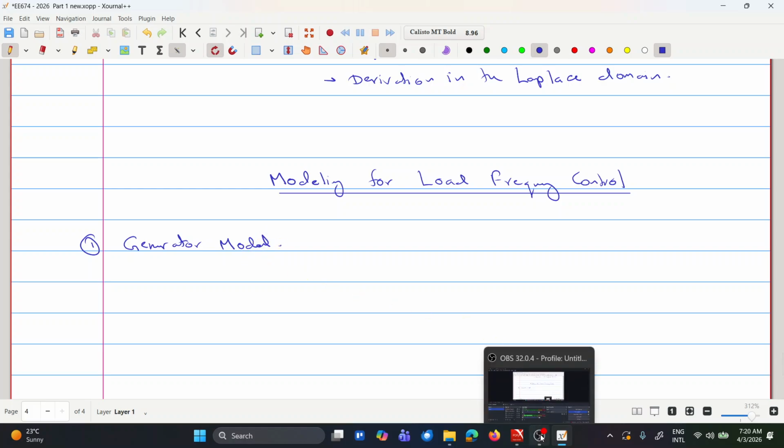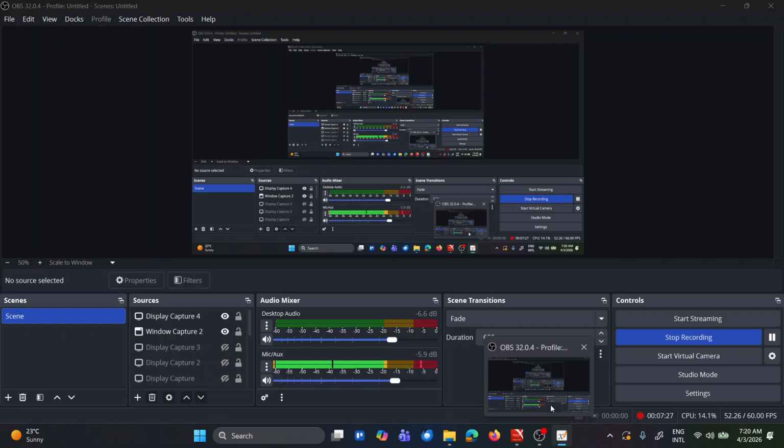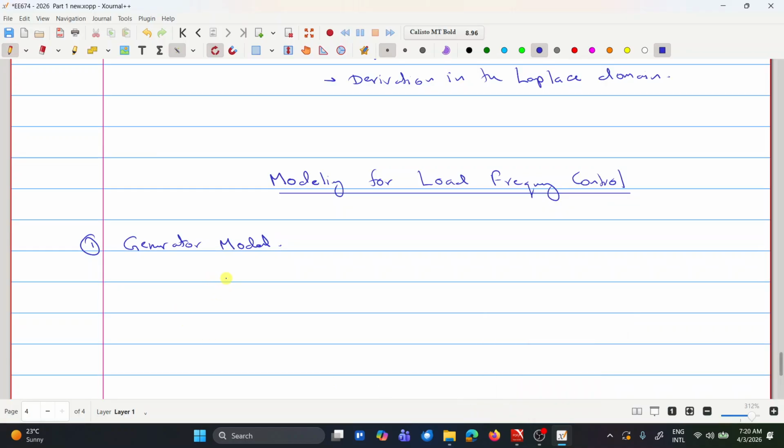In the generator model, we will start from the swing equation, without considering the damping part. We have seen the swing equation.